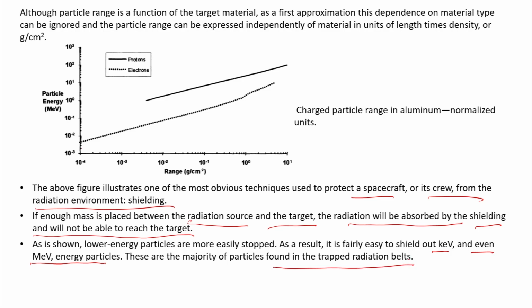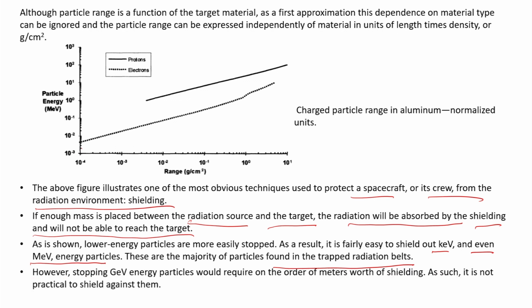So, for trapped radiation belt radiation you can use shielding, but in the case of giga electron volt energies, like GCRs, no shielding will work, and they will directly enter the spacecraft. We will discuss how these very energetic particles in the giga electron volt range affect the spacecraft. There you cannot use any type of shielding.